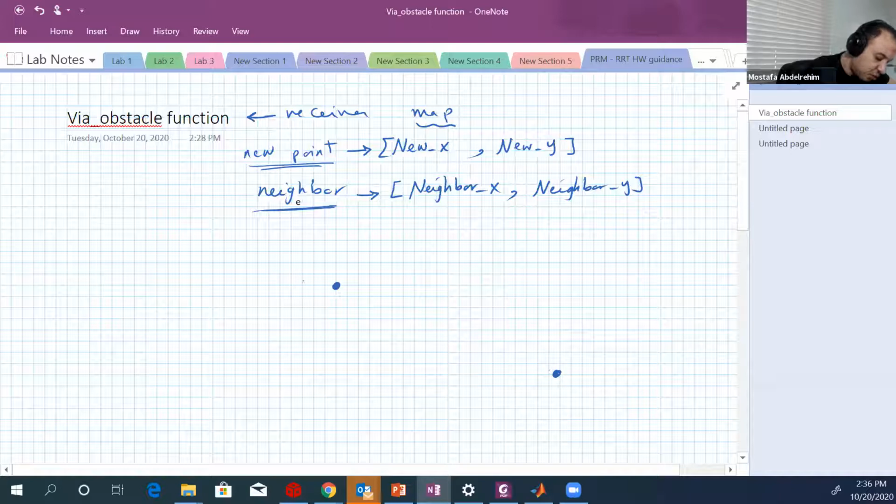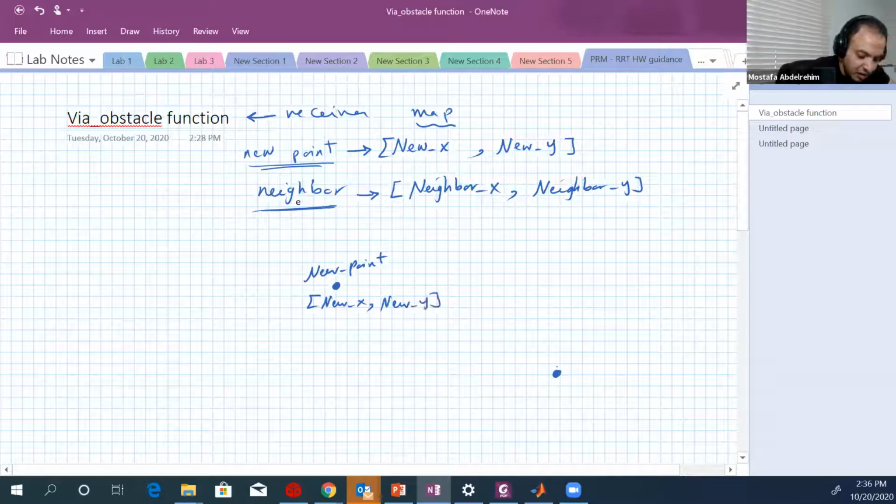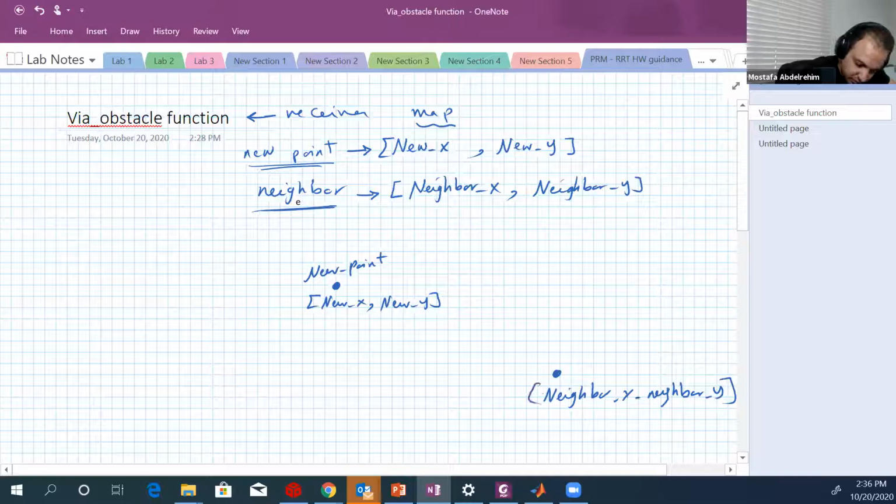Here is the new point, so this is new X, new Y. Here is another point in the coordinates, neighbor X, neighbor Y. And you want to check if this edge here is crossing an obstacle or not.